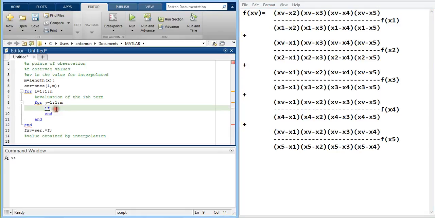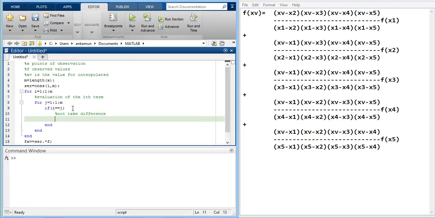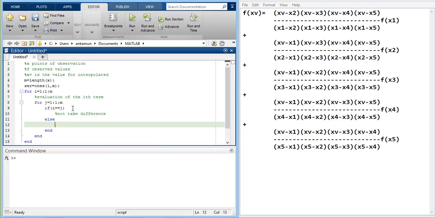So I can use a condition that if the index of the inner loop j becomes equal to i, then we are not to take any difference, and if they are unequal, then we should take the difference.